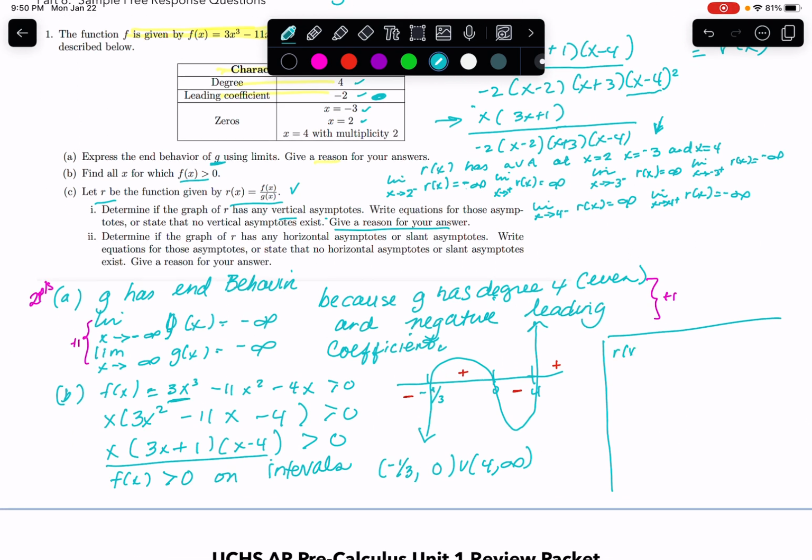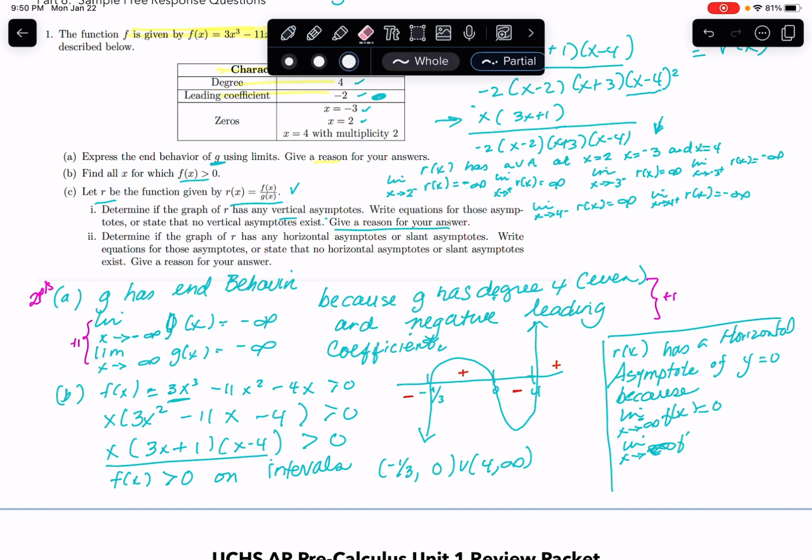So r of x has a horizontal asymptote of y equals 0 because the limit as x goes to negative infinity of r of x equals 0, and the limit as x goes to positive infinity of r of x equals 0. I've got to go back and make sure we use the right functions for these, so let me erase that and get it right. So we have a horizontal asymptote.